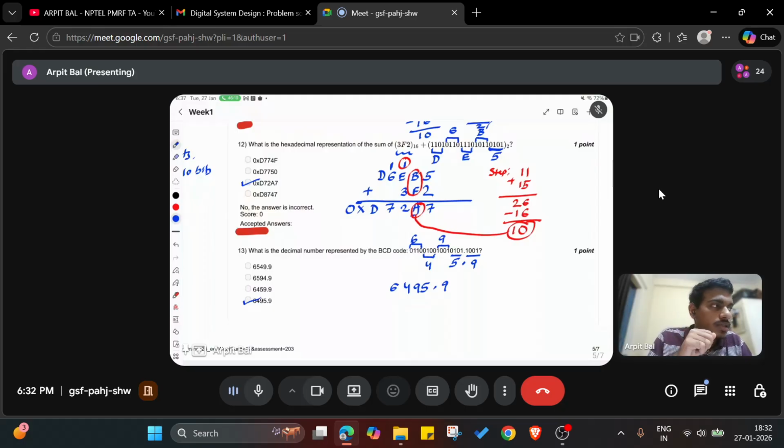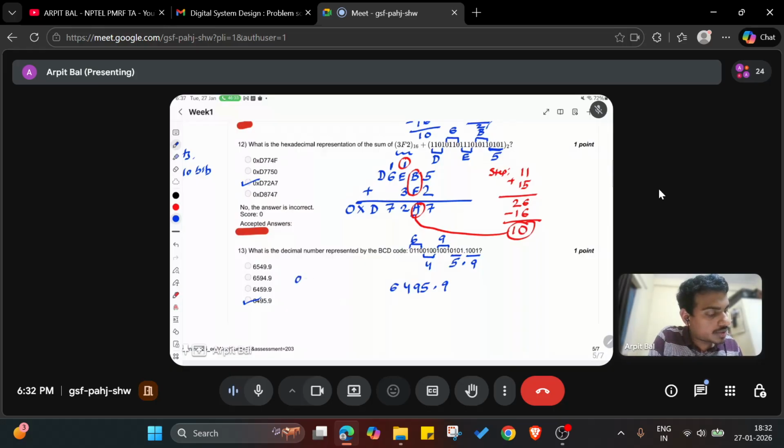Even in some cases it goes 0 to F. Similarly, in BCD you just club 4 bits together and directly convert it into decimal. Whatever binary number is given, you can directly convert it into decimal. That will be the BCD code.